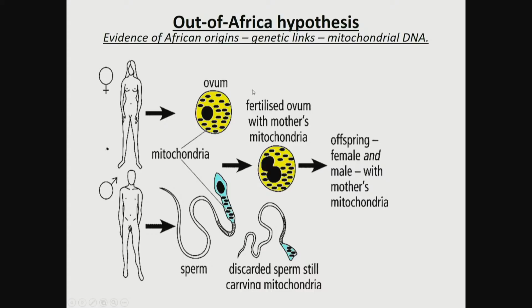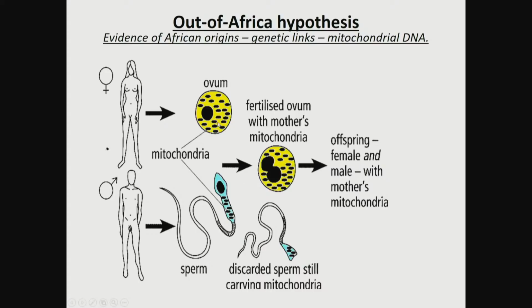So when you have to explain mitochondrial DNA or genetics as an out of Africa hypothesis, we just remember the following. Mitochondrial DNA of the mother has mutations that act as markers to trace back to Mother Eve.